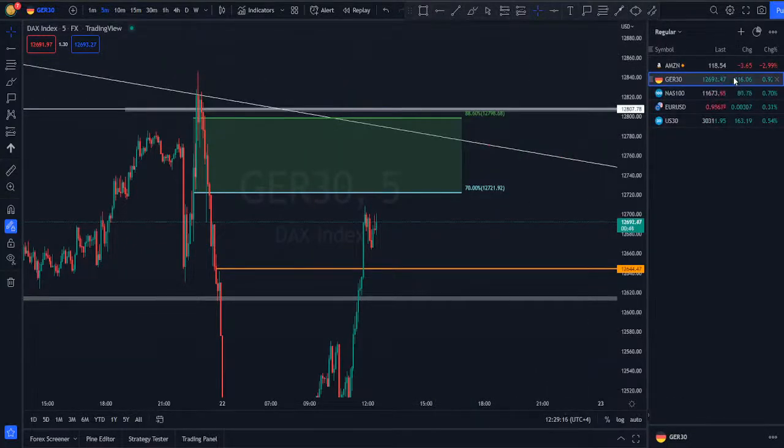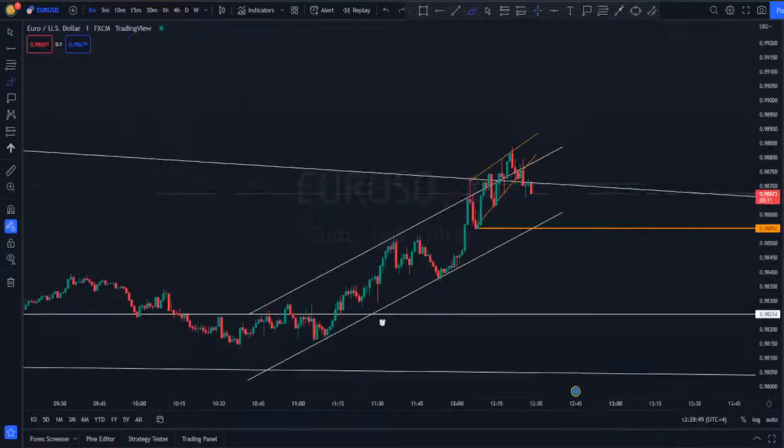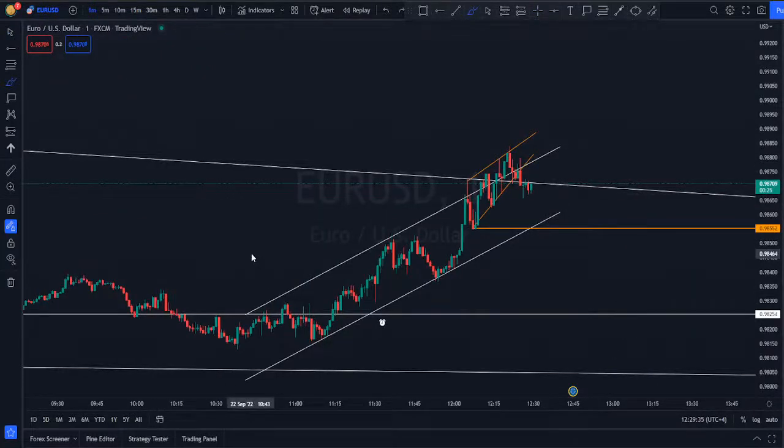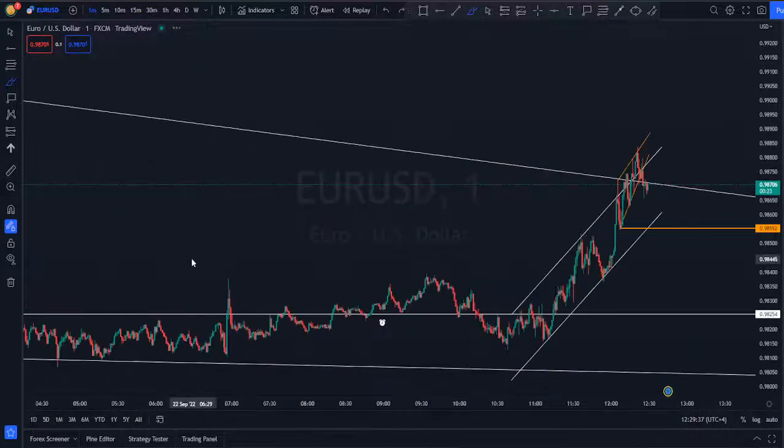So wow, that's a very nice move. A 163 pips move, and this has moved 316. I think it could be 316. No, it's not possible. USD cannot move that just like that. Let's see.